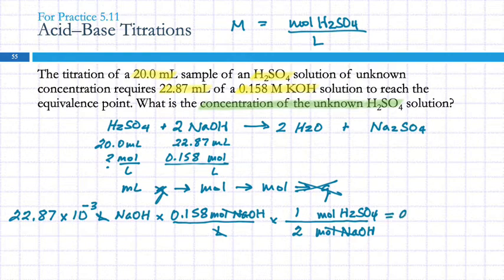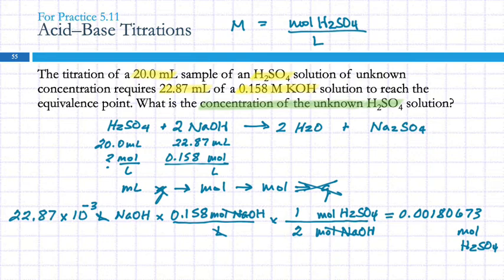And I'm getting a bunch of digits, which is pretty typical. 0.00180673 moles of H2SO4. How many significant figures should that answer have? It should have 3, because my molarity only had 3. This one had 4.